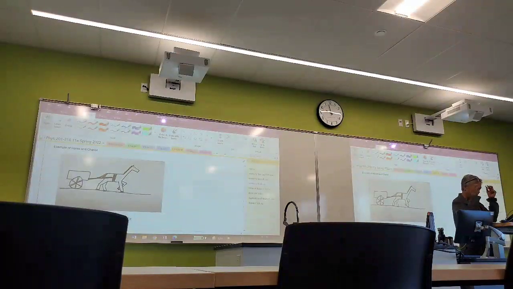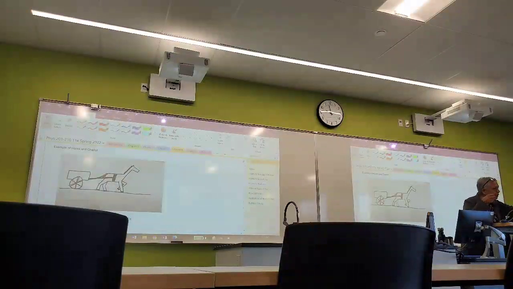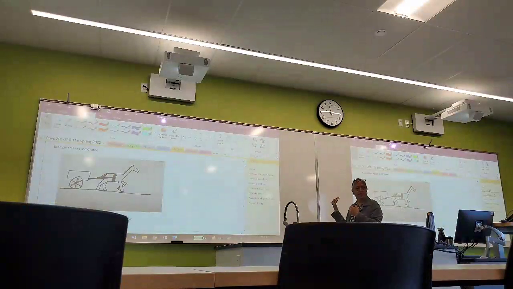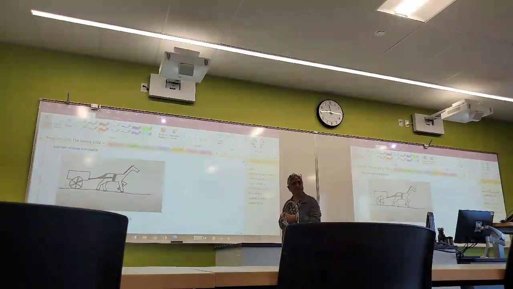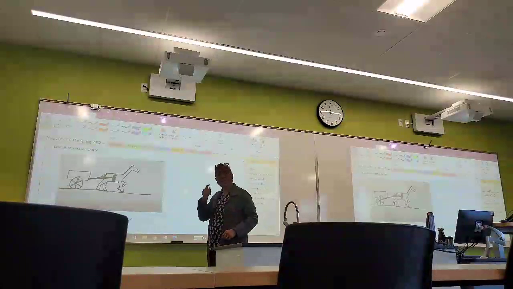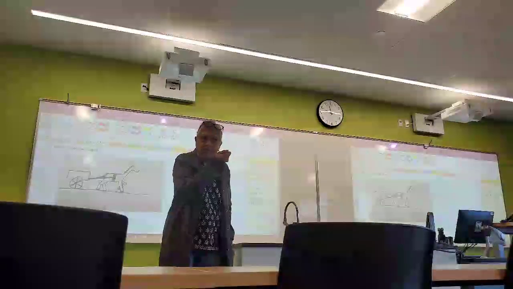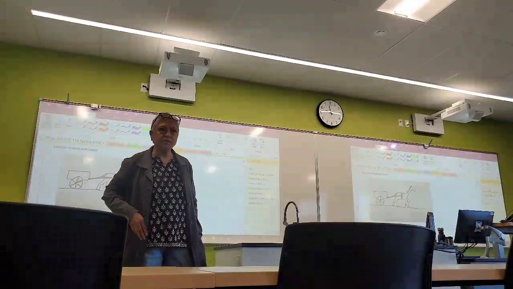Horse and the chariot. What does the horse do? Pull on the chariot, right? Will the horse pull the chariot in the forward direction? Will the chariot pull back on the horse? Yes.